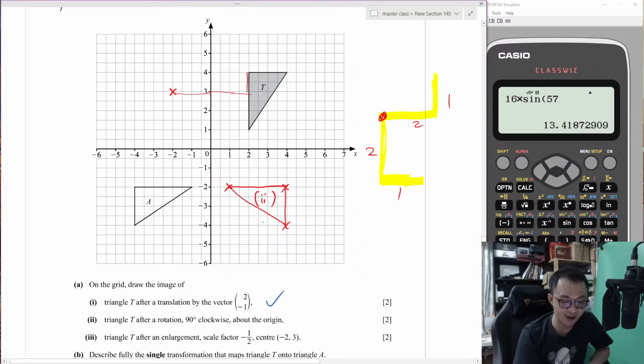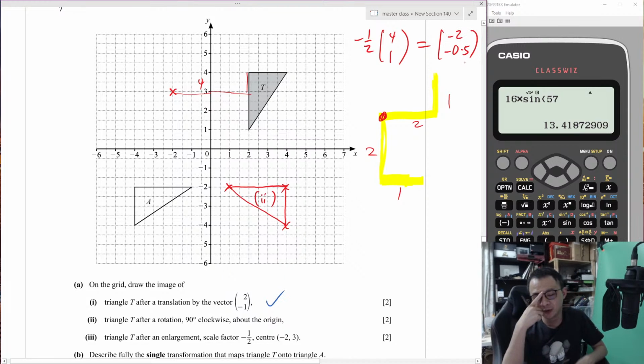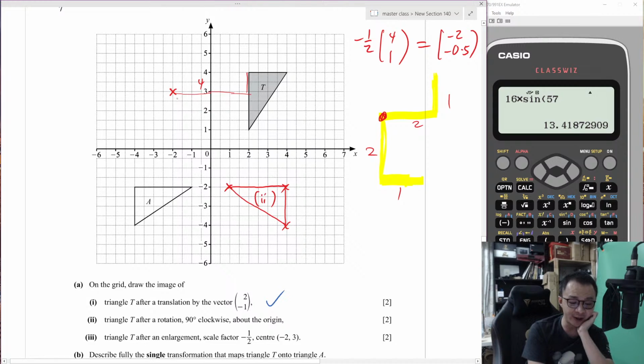You can see it moved 4 units to the right, and then 1 unit going up is (4, 1). If I multiply -1/2 for both, I should get -2 and -0.5, right? So from the center point, I need to move 2 units left, and -0.5, I'm going to move down half of it. So the first coordinate is here.